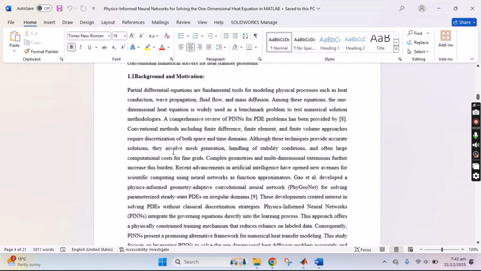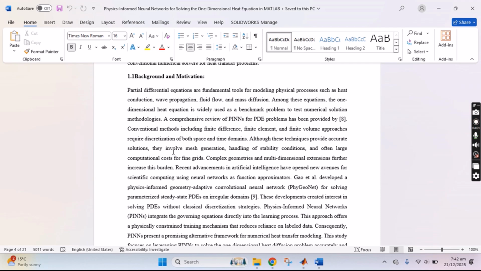In the background, we review how PINNs for partial differential equation problems have been provided and how conventional methods are used, like the finite difference, finite element, and finite volume operators. These conventional methods require discretization of both space and time domains.